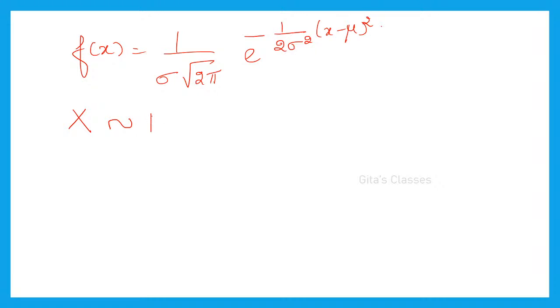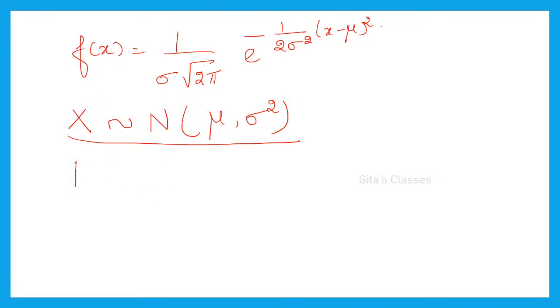If you write like this, it is to be read as x is a random variable which follows normal distribution with mean mu and variance sigma squared.